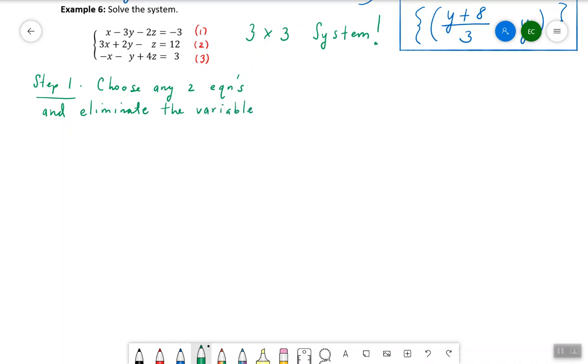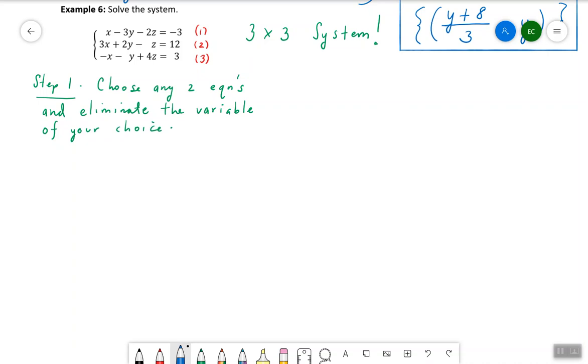Again, elimination is really the way to do this. In theory, you could use substitution, but let's not do that. Choose any two equations and eliminate the variable of your choice. Which two equations would you like to choose? It doesn't really matter.